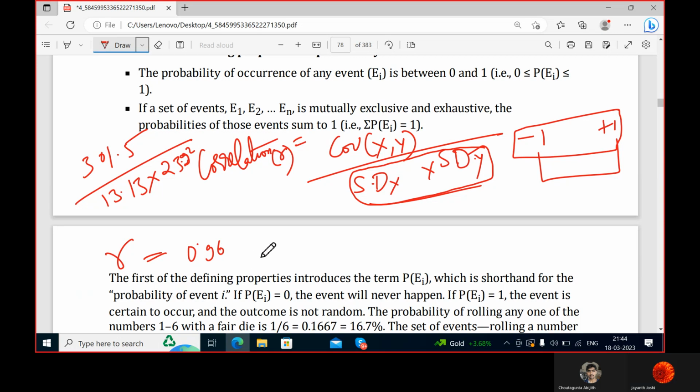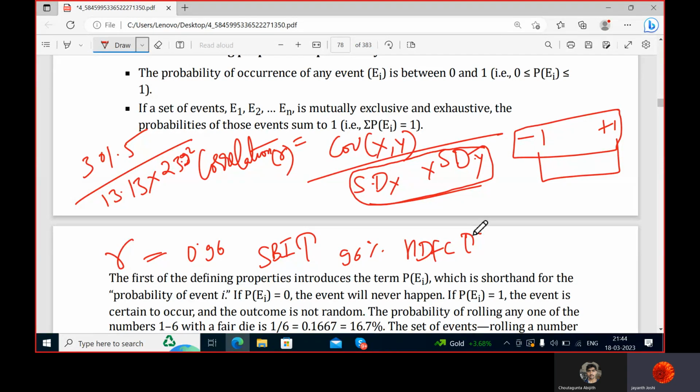That means the correlation is coming between these two, and it's almost a perfect positive correlation. That means if SBI increases or decreases, there is a 96% chance that HDFC will also increase or decrease. That's it. Finish. So this is what we wanted to find out with correlation, which the covariance wasn't telling us.